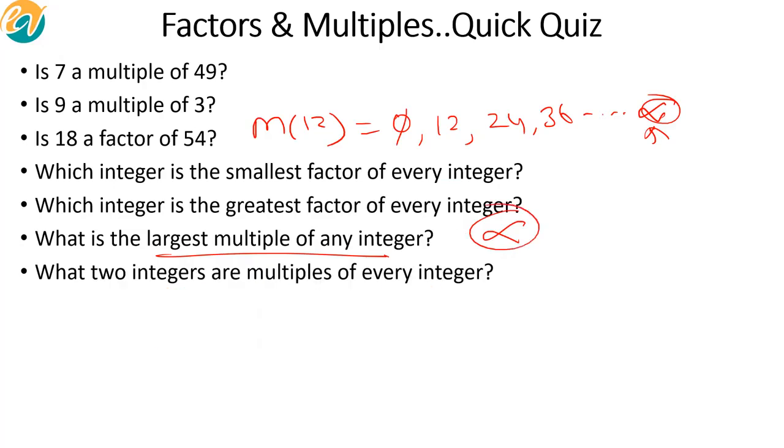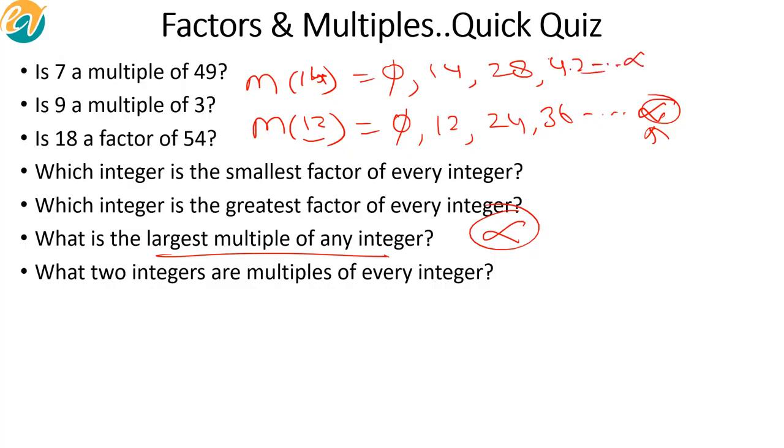What two integers are multiples of every integer? Again, we've already taken 12 as an example. We can now take, for example, 14 as an example. What is the entire list of multiples of 14? 14 into 0 is 0, 14 into 1 is 14, 14 into 2 is 28, 14 into 3 is 42, and so on till infinity.